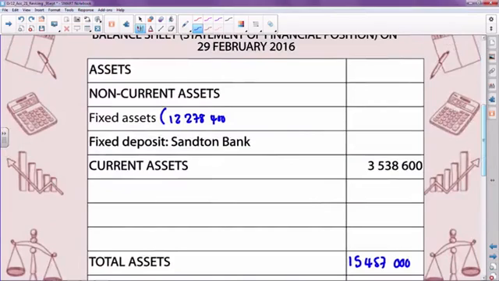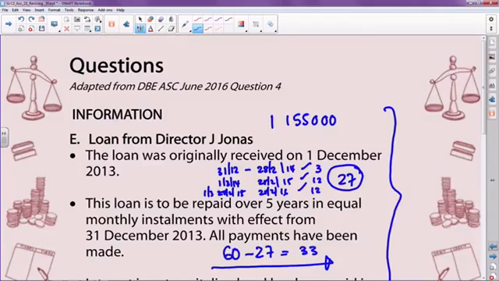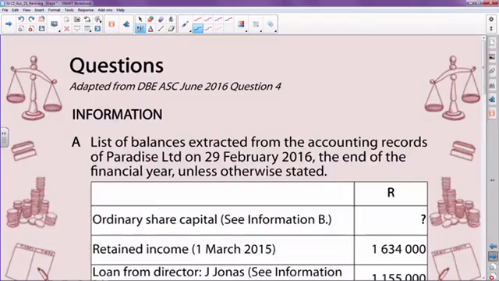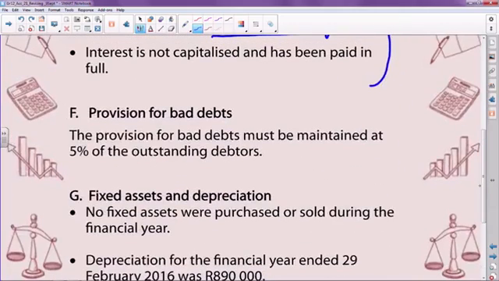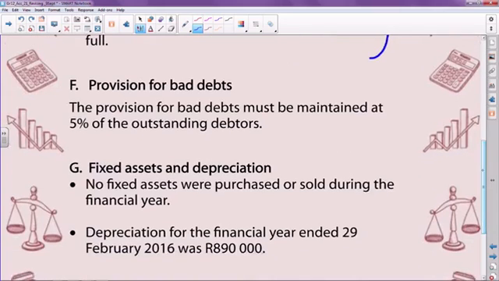That's the carrying value at the beginning of my financial year. So I start with it, and I must be given other information as well regarding my assets. Let me see, what am I told? There it is. Fixed assets and depreciation. No fixed assets were purchased or sold during the financial year. No purchase, no sale. But I do know that I had depreciation for the financial year amounting to 890,000.